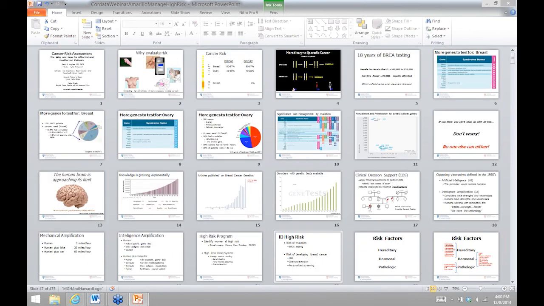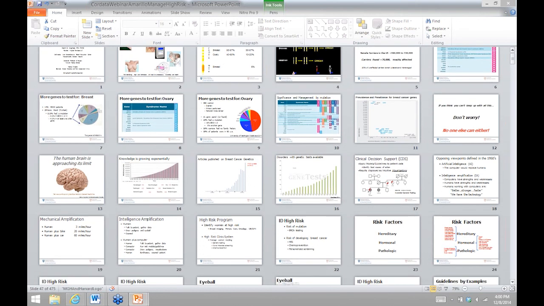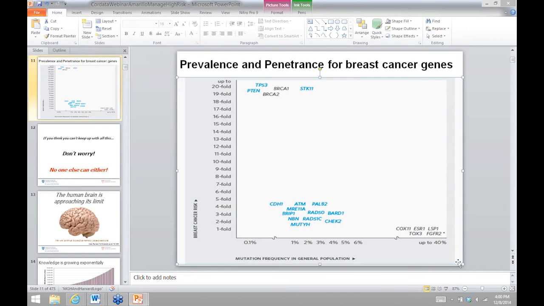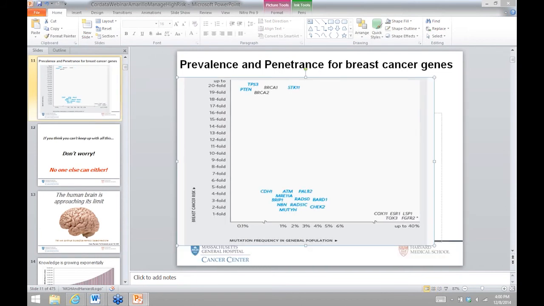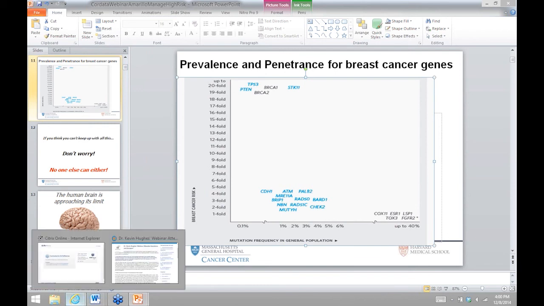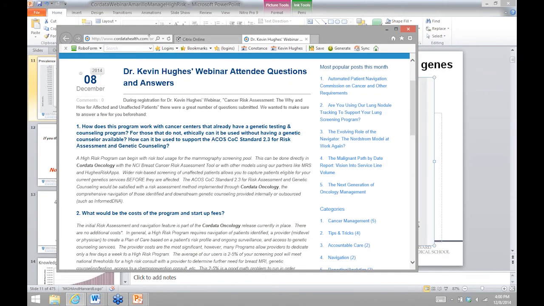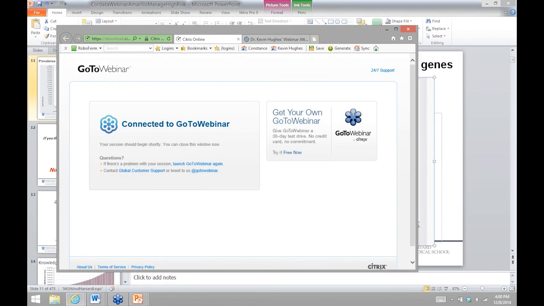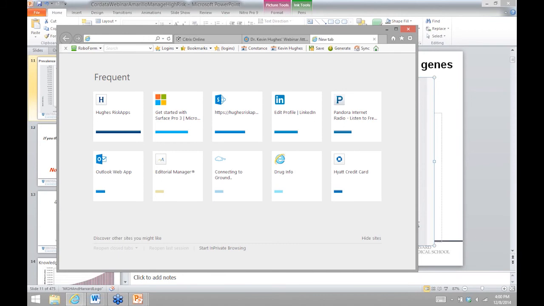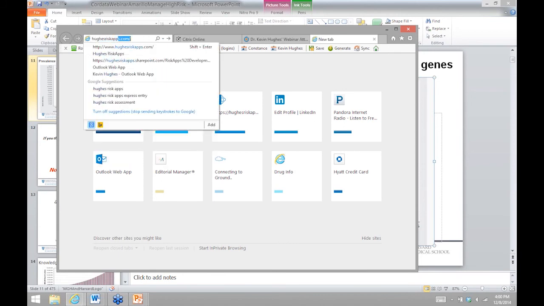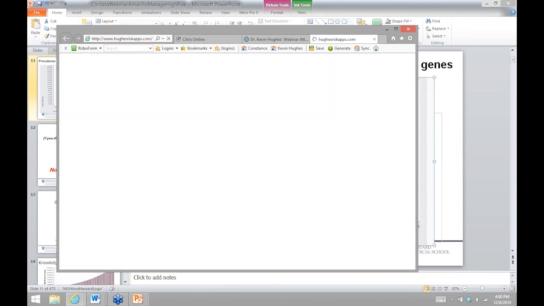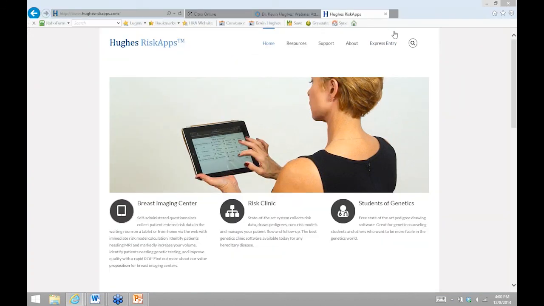I sure can. Okay. Another one is, is the app or program used to calculate risk available? Yes. So if you go to HughesRiskApps.com, you can read more about purchasing the software and installing it.